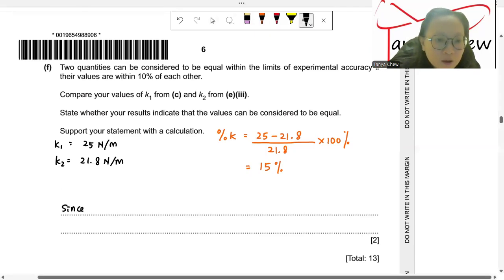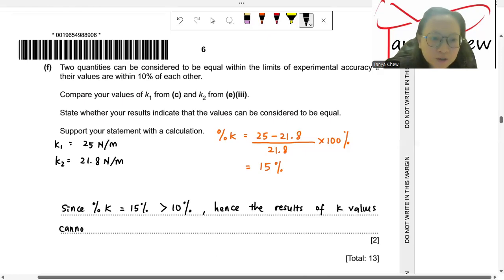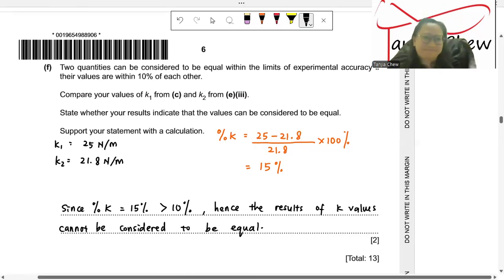Since the percentage difference of the K values is equal to 15%, which is larger than the limit of experimental accuracy, which is 10%, hence the result of K values cannot be considered to be equal. So that's the answer.